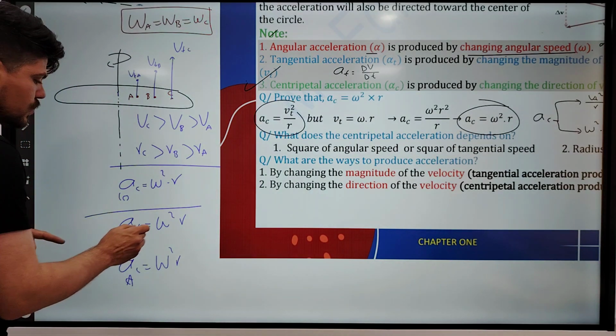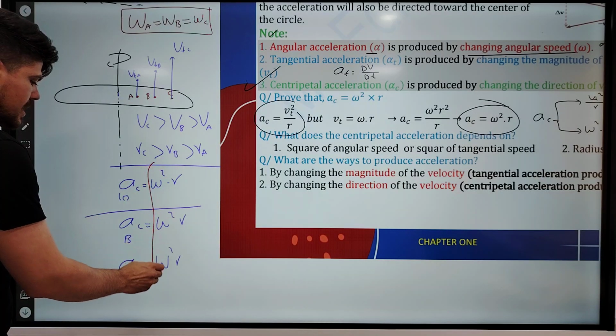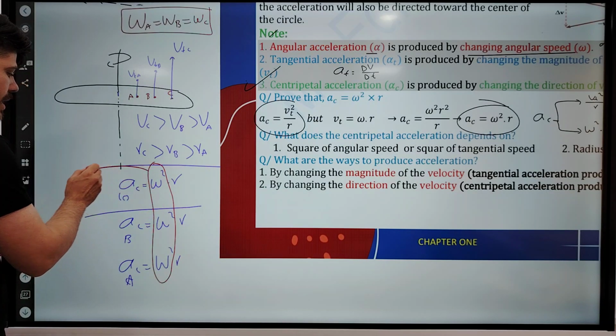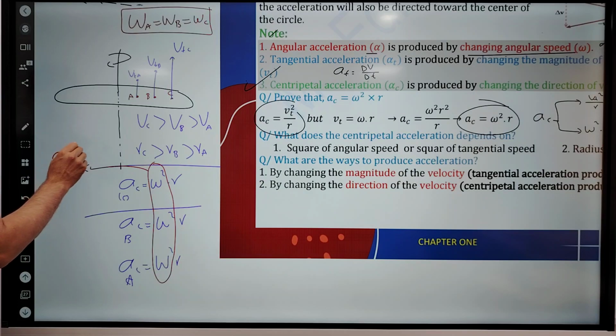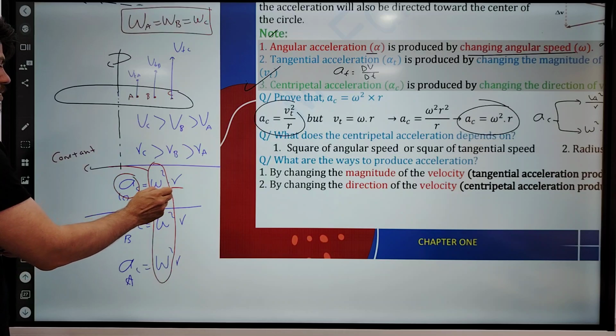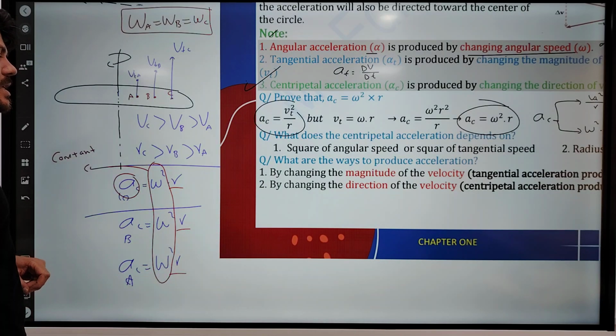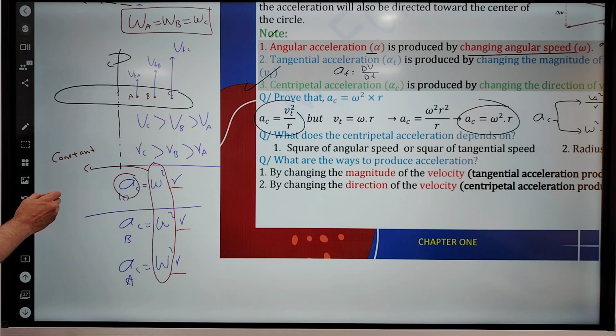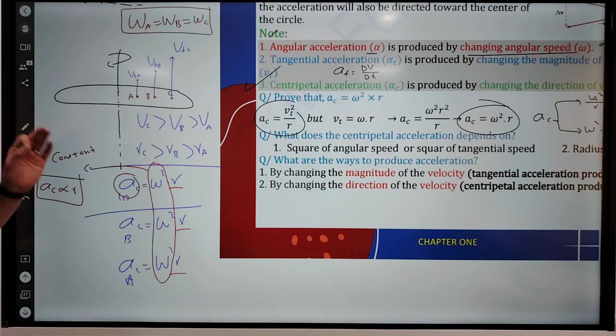In the case when the angular speed is constant, what is the relation between centripetal acceleration and radius, or distance from the axis of rotation? It is directly proportional.